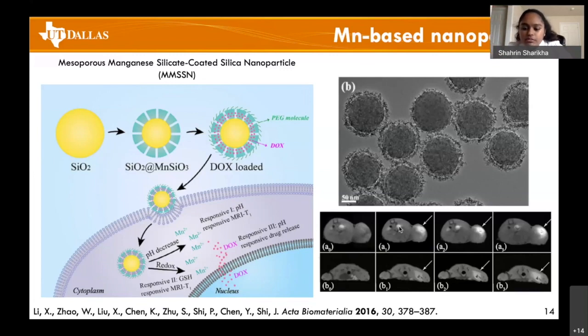As you can see at the bottom right, this shows how improved it is as an MRI agent, because the top layer shows how it enhanced the signal of a tumor in this structure, but the bottom layer is just normal tissue. It shows how this particle can enhance the signal of MRI.